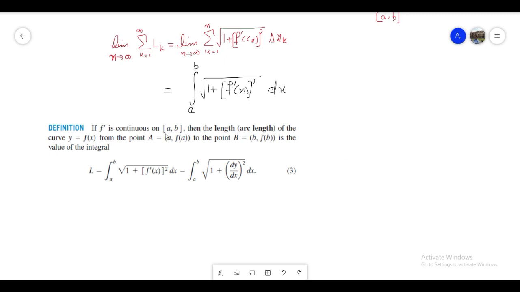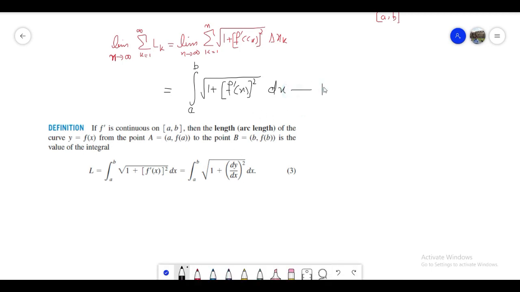In this he's saying that if f prime is continuous on the interval AB, and we already built the argument why f dash is continuous, because the function was smooth and the derivative exists at each point, then the arc length of the curve of the function y equals f of x from point A to B is the value of the integral, which is the same as we have written before, this one.